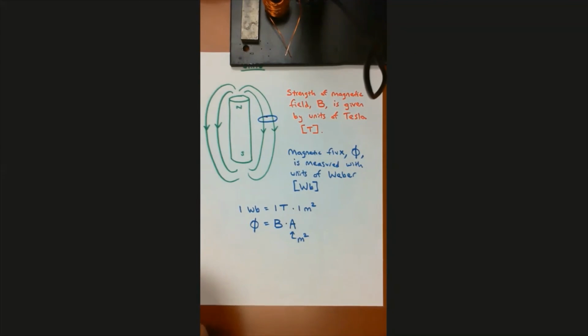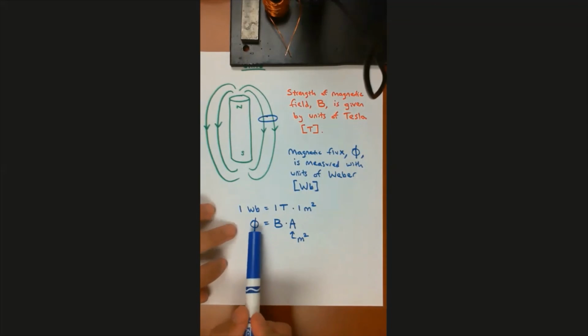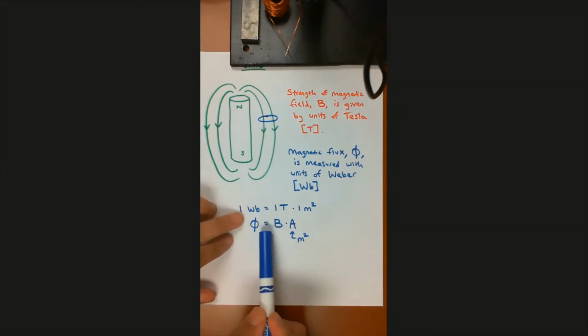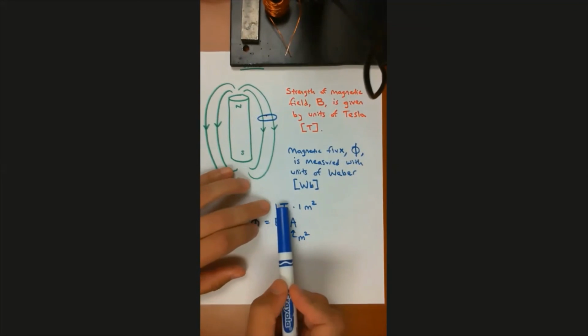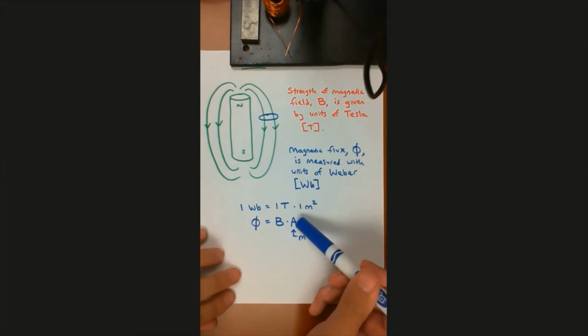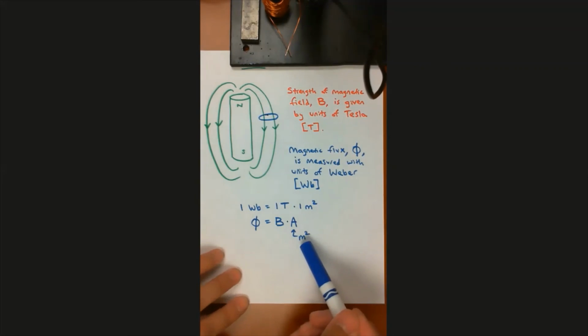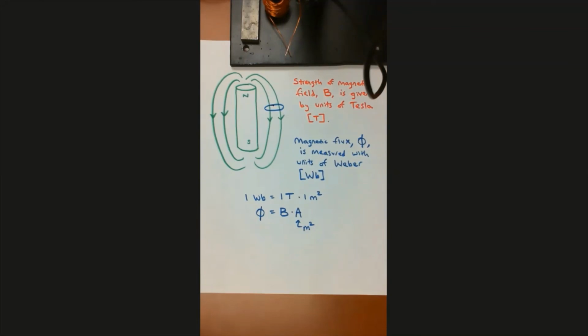All right. So this relationship holds. Phi measured in Webers is equal to B measured in Tesla times the area, which is measured in meters squared. All right. So that's an important concept to understand because we're going to use that over and over in the next couple of weeks.